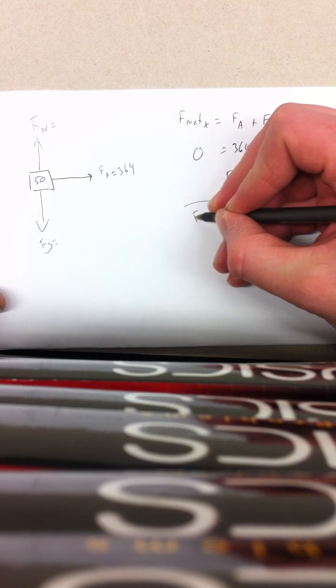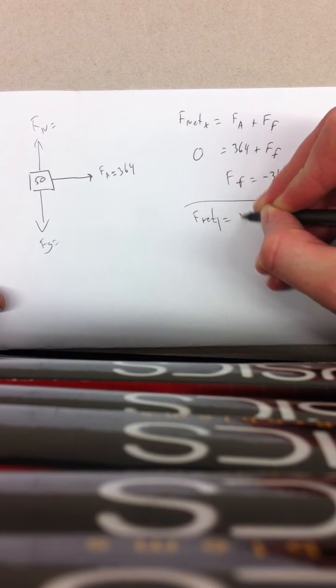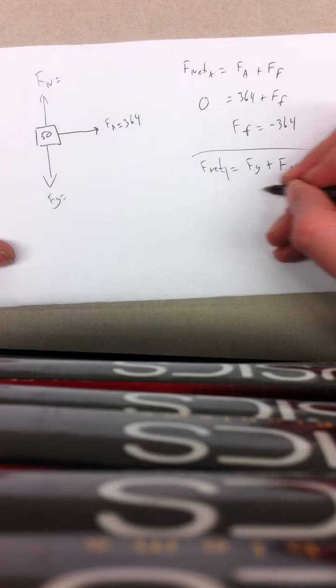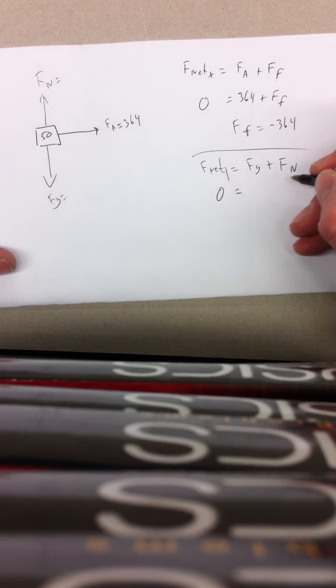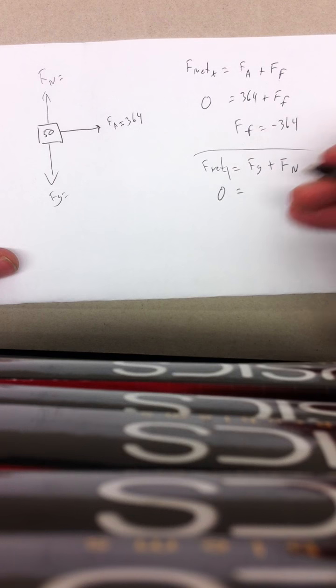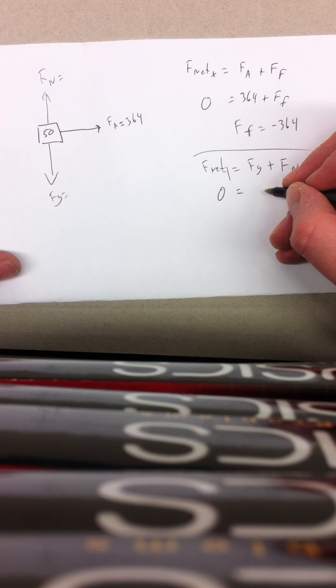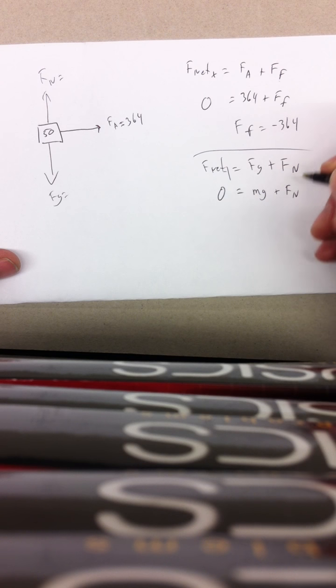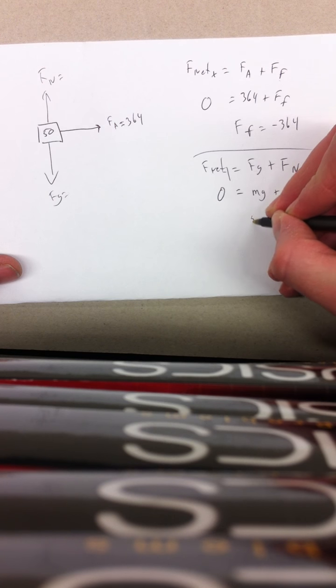The F net y is equal to the force of gravity plus the normal force. That's equal to 0 because it's in vertical balance. How do we know that? You always assume that these two are in balance unless otherwise stated in the directions, and that goes for most problems this year. That's mg plus Fn. The mass is 50.